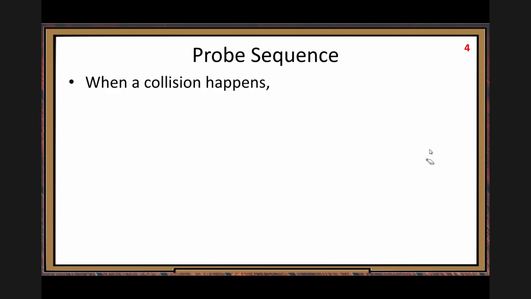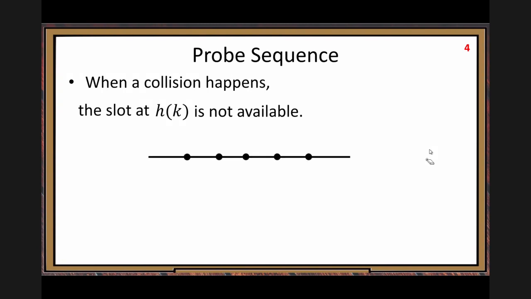When a collision happens, the slot at h of k is not available. Here, for example, in this line, we have a certain number of slots. The first time we apply our hash function to map h of k to the first location.